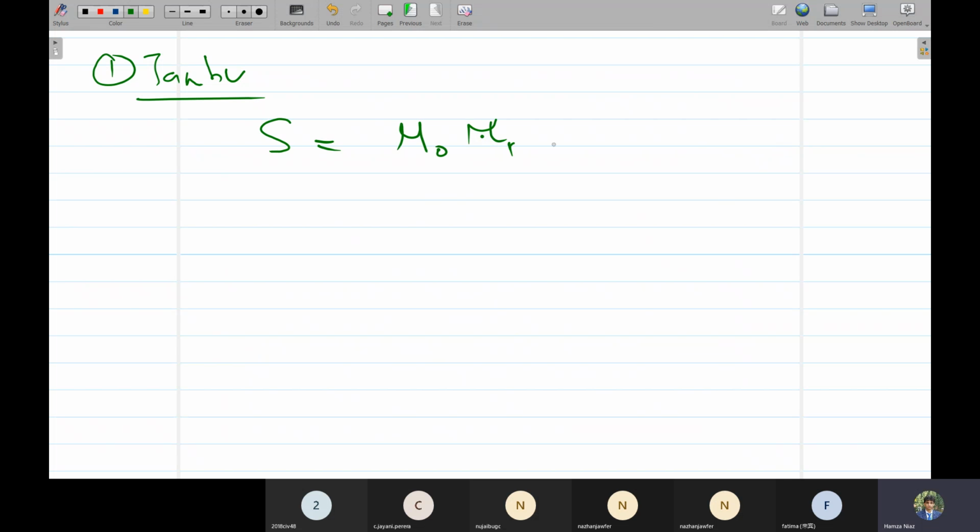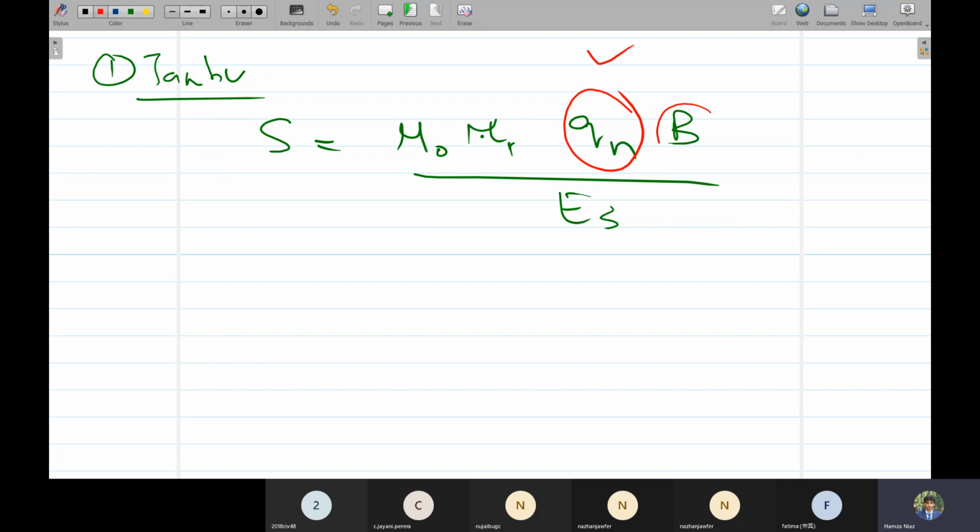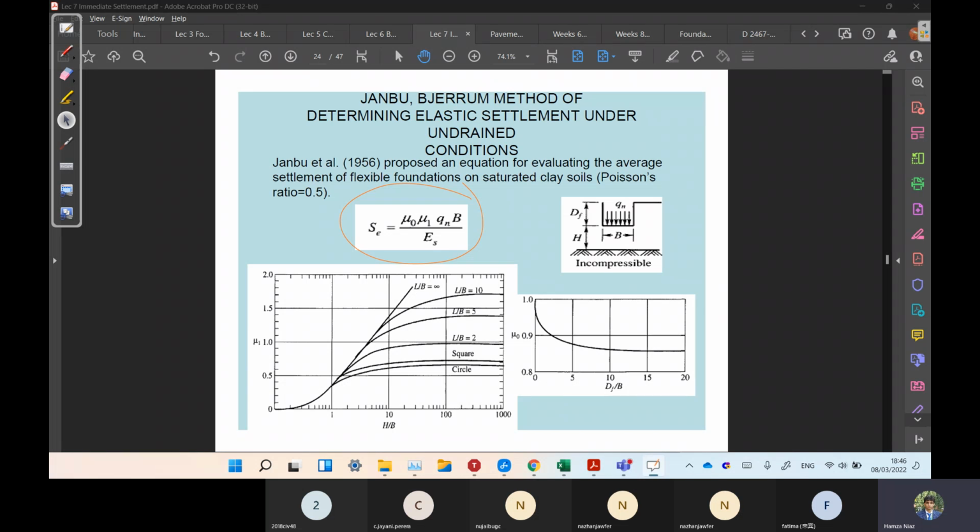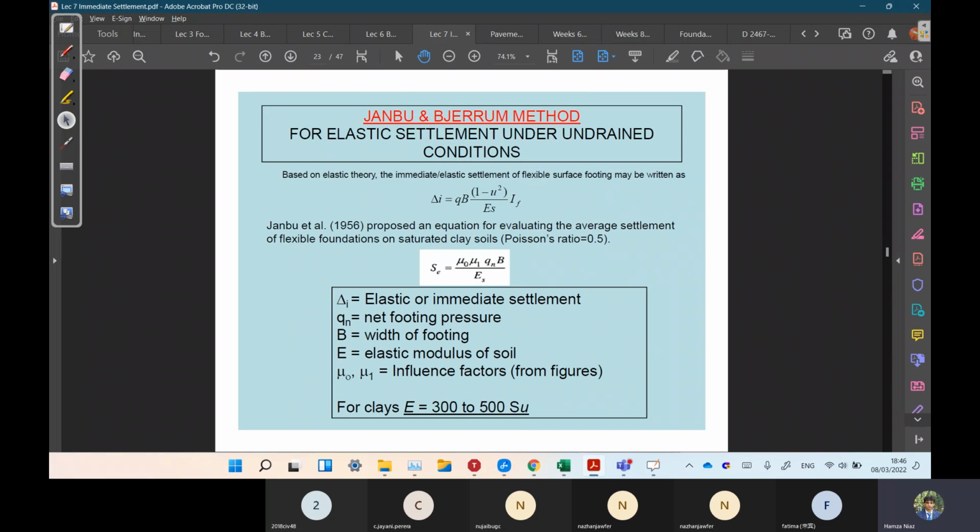These are two factors, and Qn is the net contact pressure at the base of footing. B over Es, where Es is the elastic modulus of soil. The Qn value would be given in the question. The E value would also be given. If it is given, that's fine. Otherwise, we have to use 300 to 500 times Su.